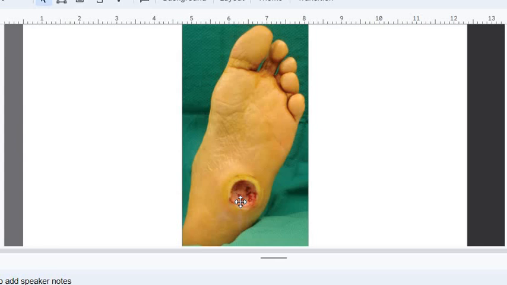Connective tissue means elastic fibers, smooth fibers, collagens, and blood vessels as well. So in this diabetic wound, there is damage to the epithelial tissue as well as the connective tissue fibers. And if this wound gets deep into the plantar aspect of our feet, then there is damage to the muscles. Ultimately, the wound will lose its tensile strength, as well as damage to the bone.